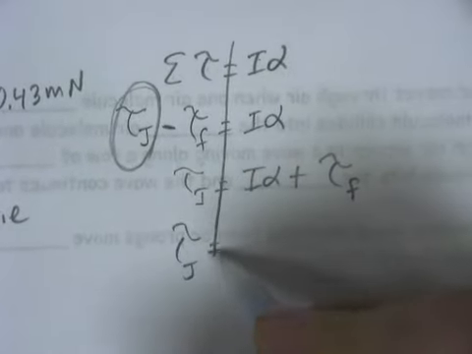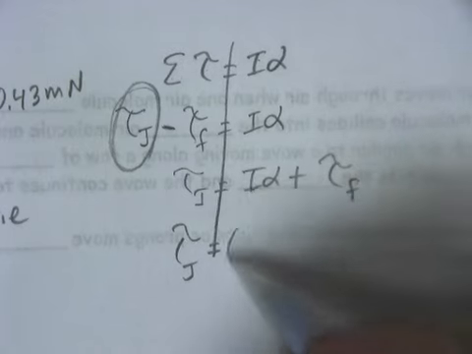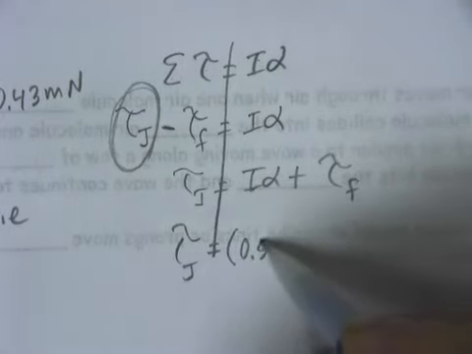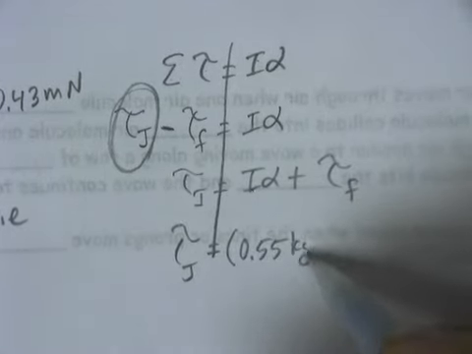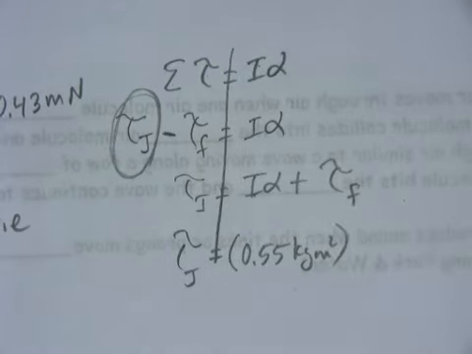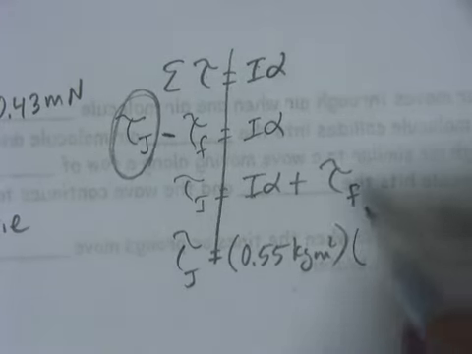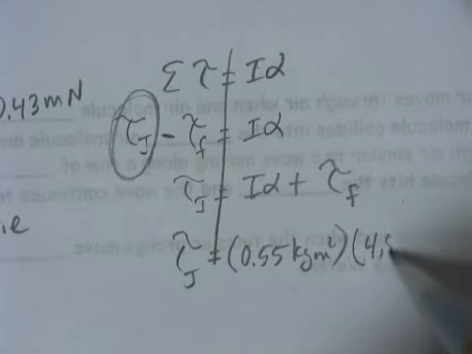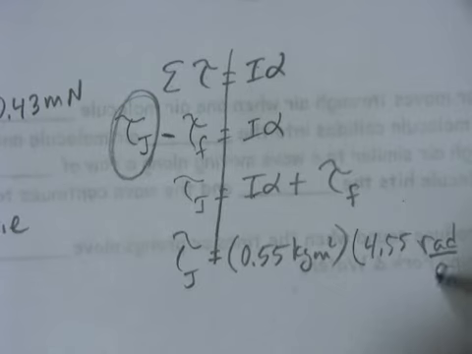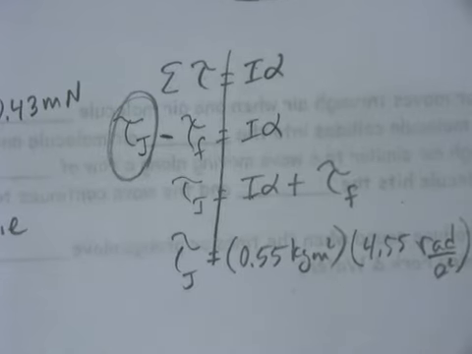And then I think I have everything I need. I have I, they gave me that earlier. That's 0.55 kilogram meters squared times the acceleration of it, and that's 4.55 radians per second squared, and that's a nice thing that they actually gave it to us in radians.